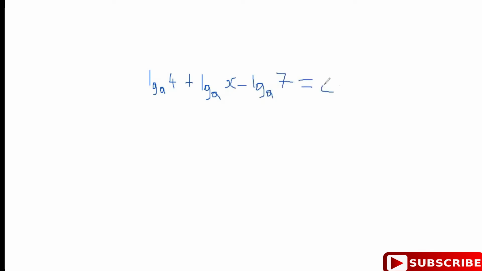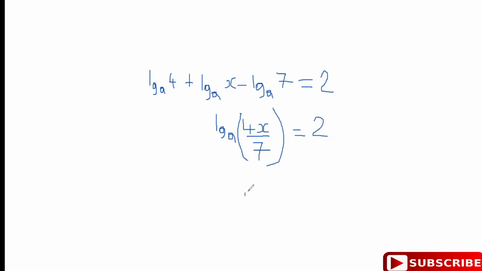We rewrite all of this as one logarithm. When the bases are the same, the sum of 2 logs is the log of the product, and so that becomes 4x. And this one is a subtract, so that goes in the denominator over 7. So that is log to base a of 4x over 7 is equal to 2.